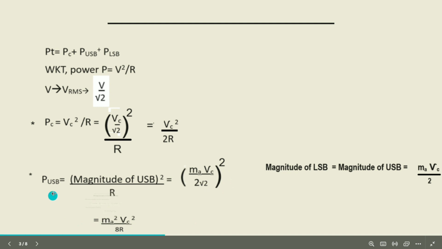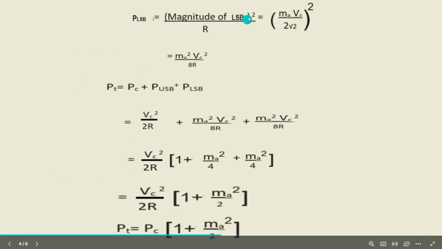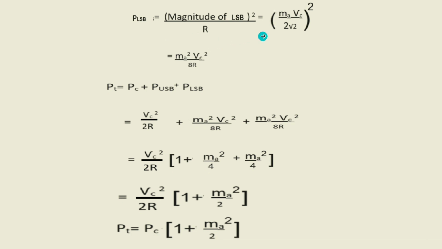Simplifying, PUSB is Ma squared Vc squared by 8R. Similarly, PLSB is the magnitude of LSB squared divided by R, which is Ma Vc by 2 root 2 the whole square. After simplification, PLSB is Ma squared Vc squared by 8R.